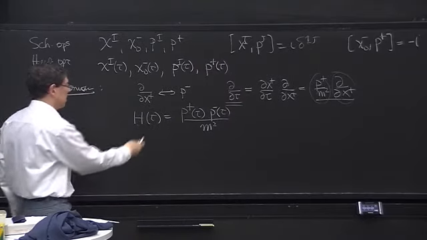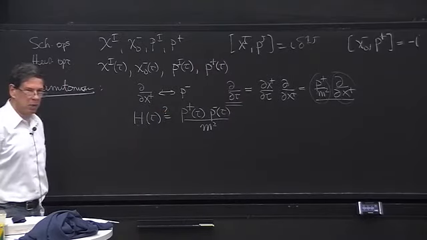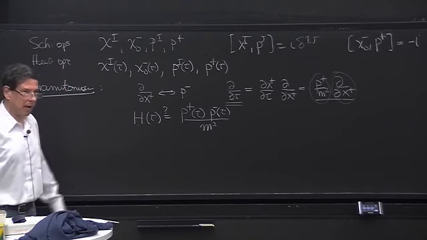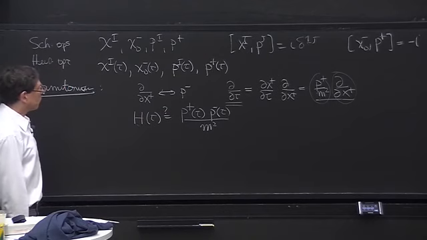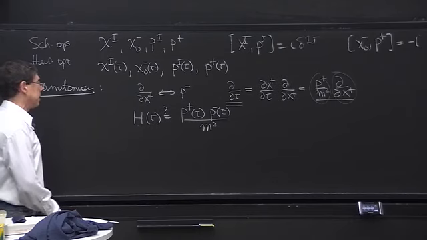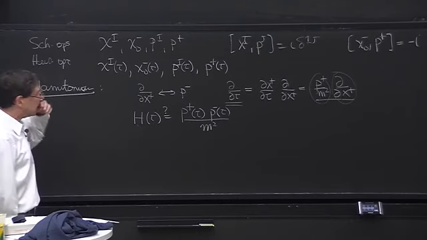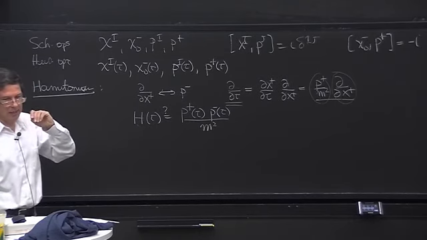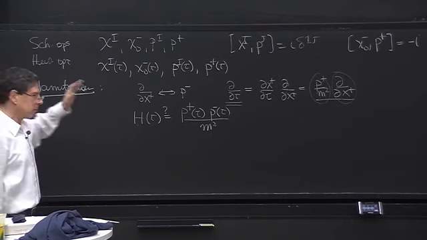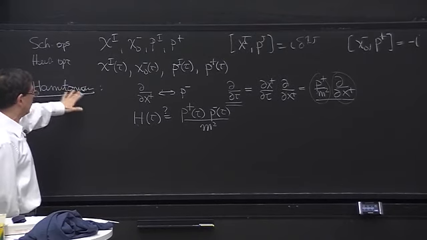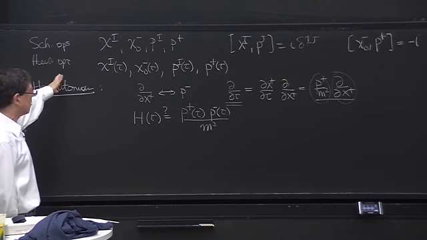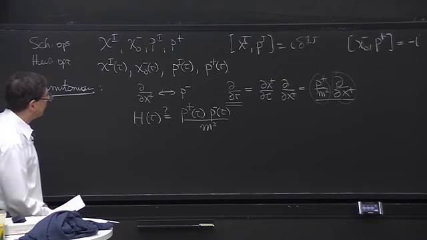So this is like a guess. Our job is to make sure that this does the right things. And it's, as I tend to emphasize, the art of constructing Hamiltonians. Most of the time you really have to try to figure out how to do something that makes sense rather than follow a recipe.